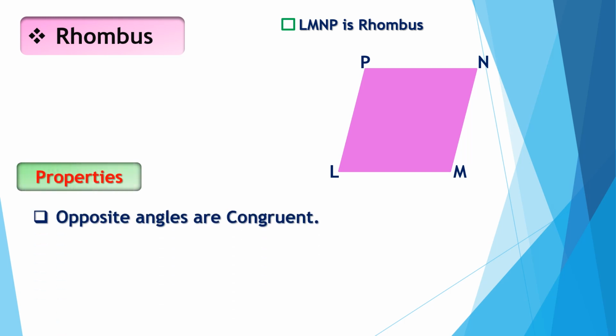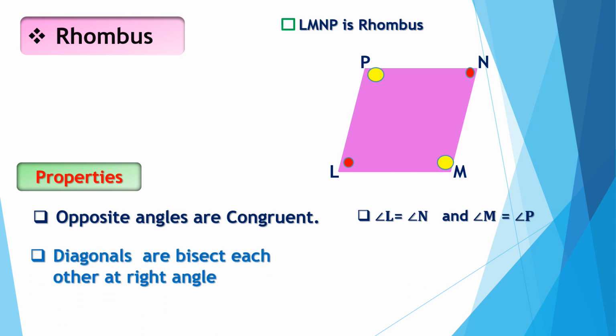First property, opposite angles are congruent. Angle P is congruent to angle M, angle L is congruent to angle N. Diagonals bisect each other at right angles. Here we see diagonal LN and diagonal PM bisect each other at point O, and that point O is a right angle.